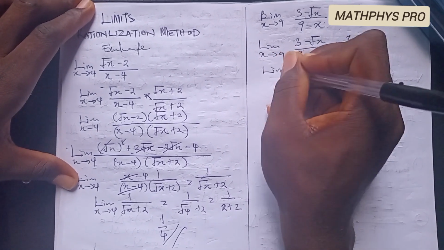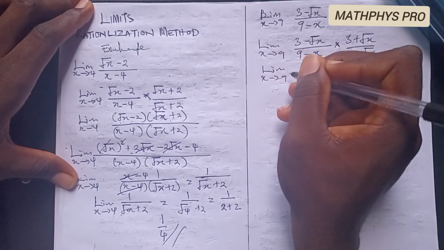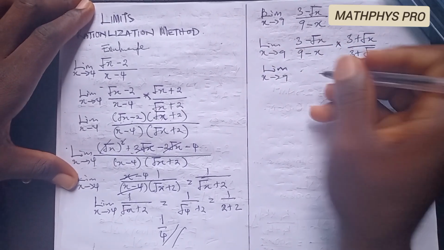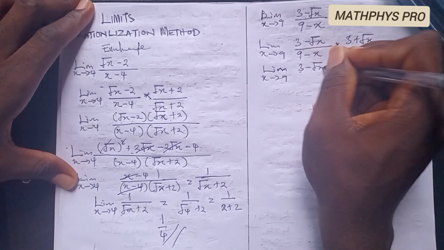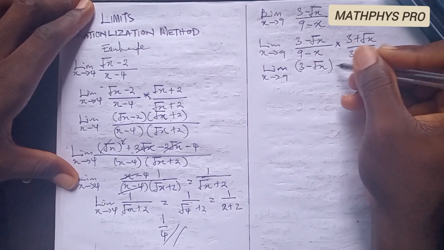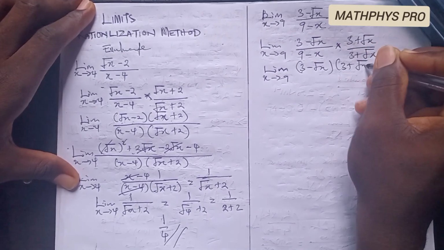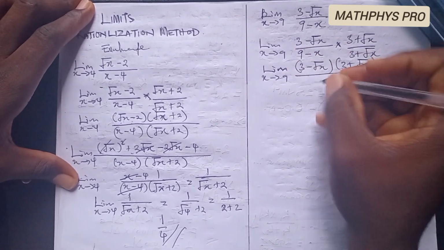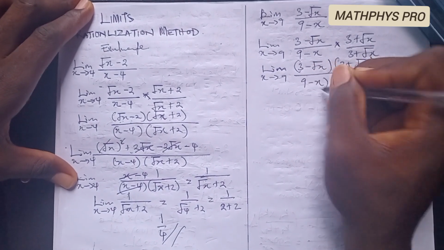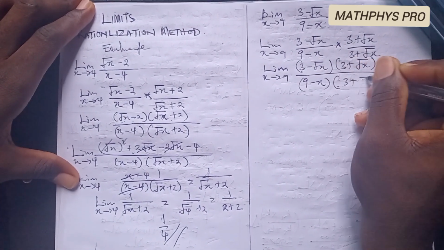So the limit as x approaches 9 of (3 minus root x) times (3 plus root x) over (9 minus x) times (3 plus root x).